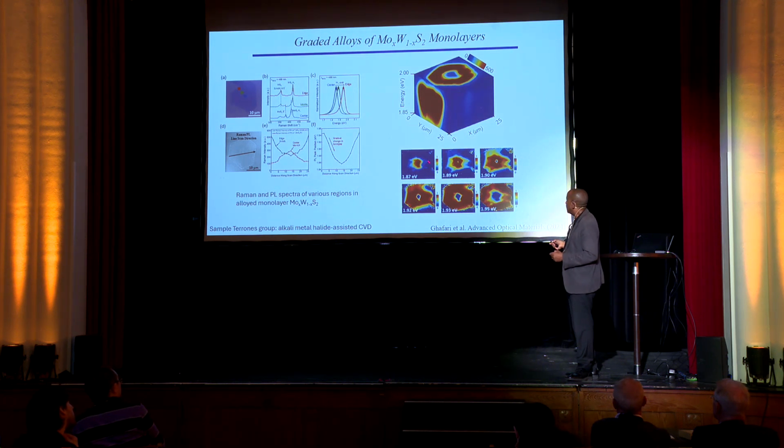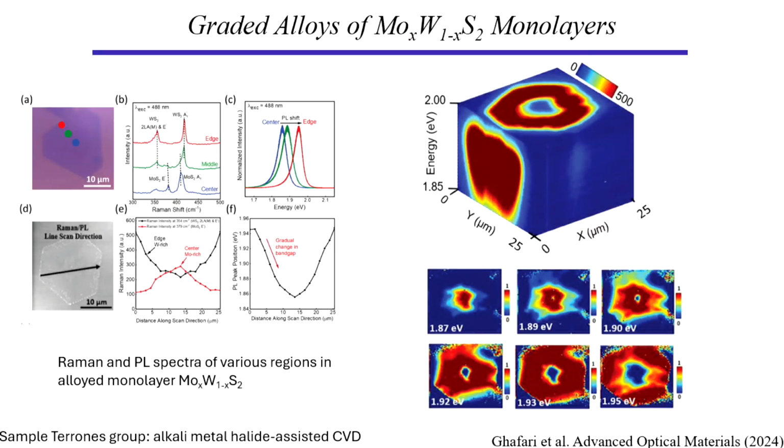And it captures what you see here, essentially. It increases in intensity as a function of energy, because the band gap for tungsten disulfide is higher than the molybdenum disulfide, and that's what you see here in the spatial map.